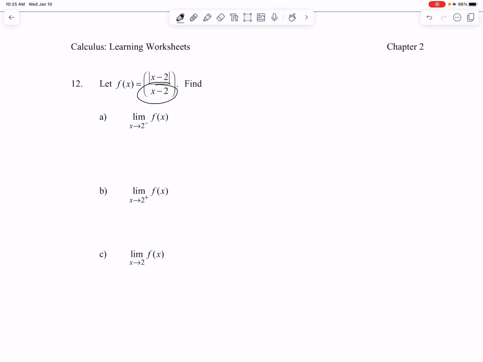So our denominator, when we have values less than 2, after we do our subtraction, will be negative because our x values are smaller than 2. So what we're going to have here is a limit with a value of -1 because we're plugging the same value in on the top and the bottom, but our top is positive and our denominator is negative. They have opposite signs.